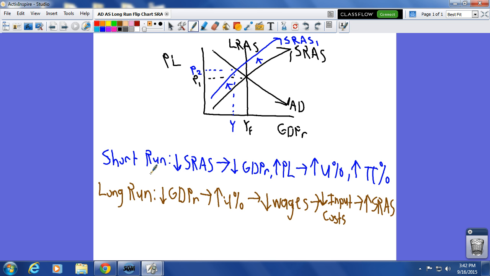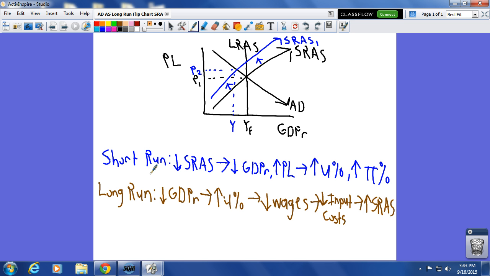All right, so we're going to start off here with our AD-AS in equilibrium. We have aggregate demand intersecting short run aggregate supply, and you can see there we have an equilibrium price level called P1, and we're at full employment output. Now, if there was, let's say, an increase in input costs, thus you have a decrease in short run aggregate supply.